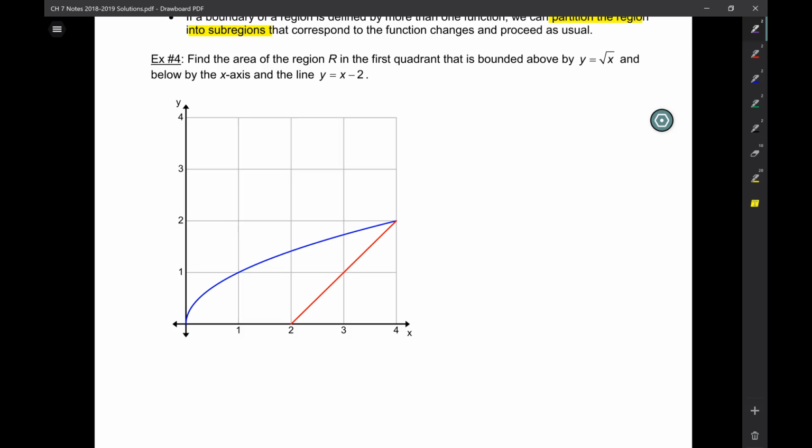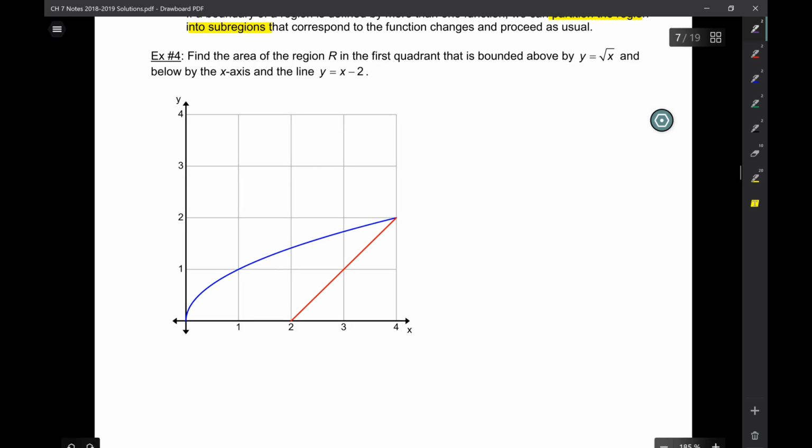That is bounded above by y equals root x. So that's this one here, y equals root x. Okay, so it's bounded above by y equals root x. And below, so those prepositions are not there for nothing.